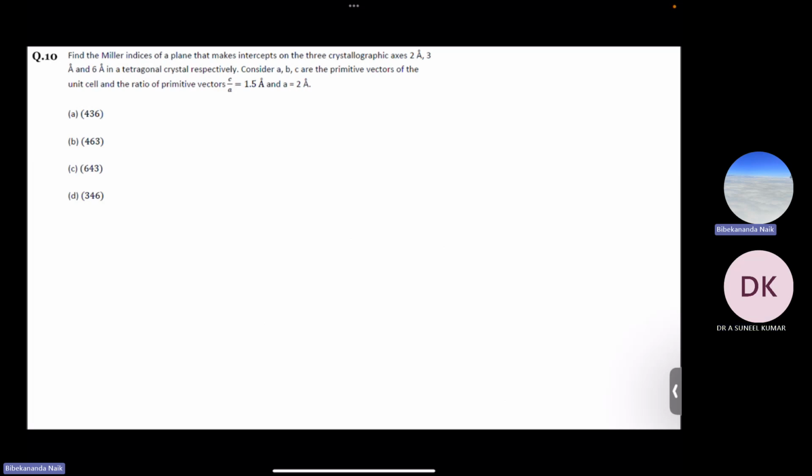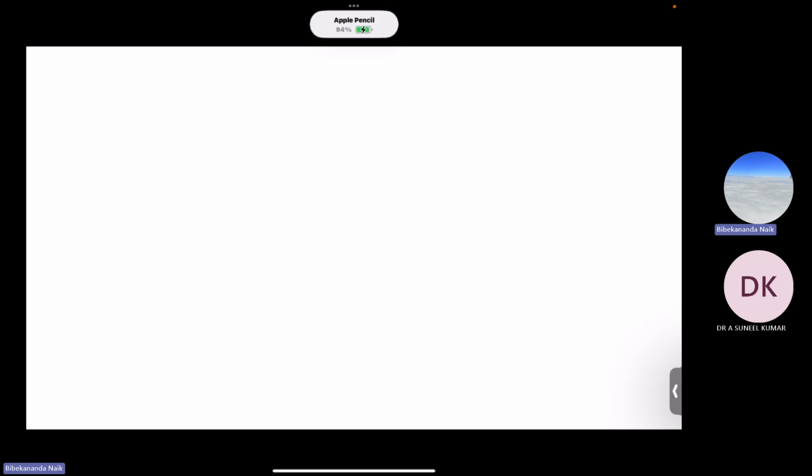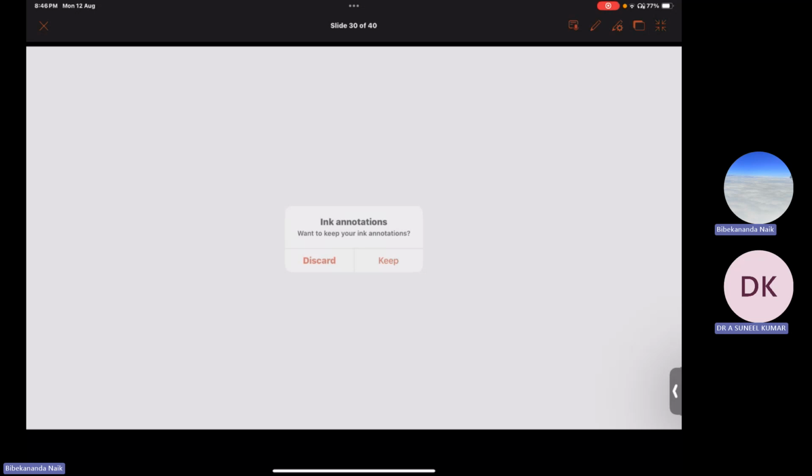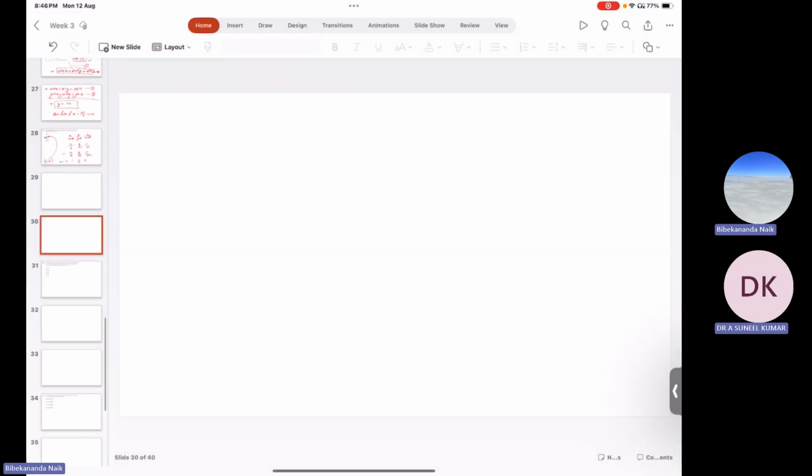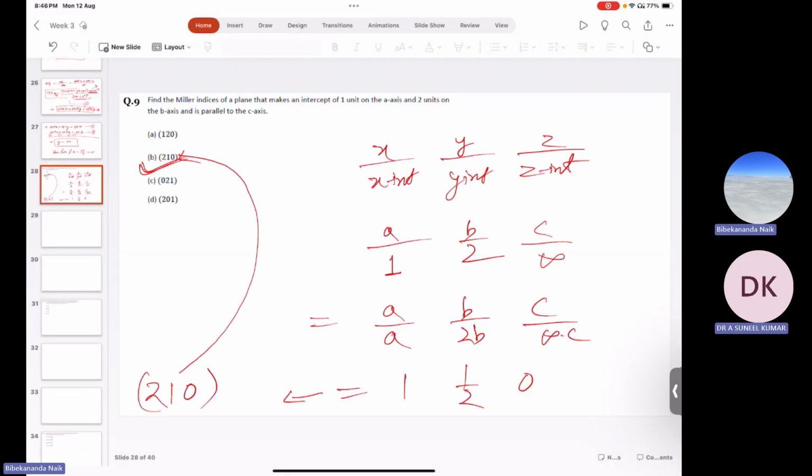So how will we calculate this? I will request you to try this question, and after a few minutes we will discuss. Okay, sir. In the previous question, all the values were A, B, C. But here the relationship is not like that.